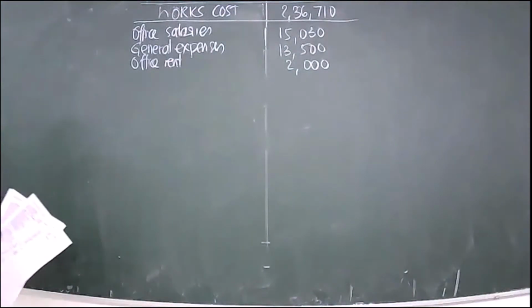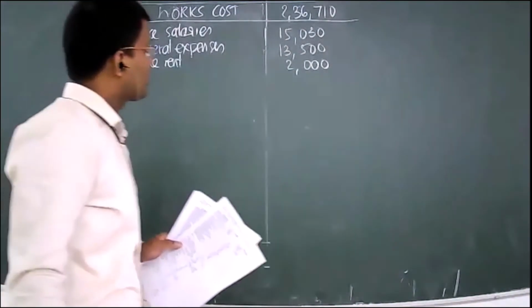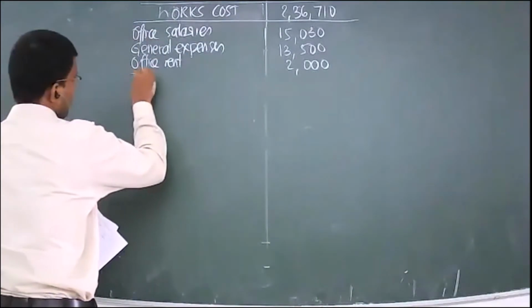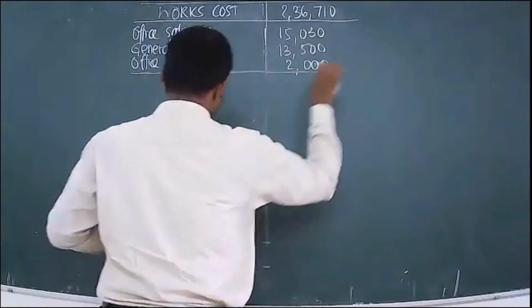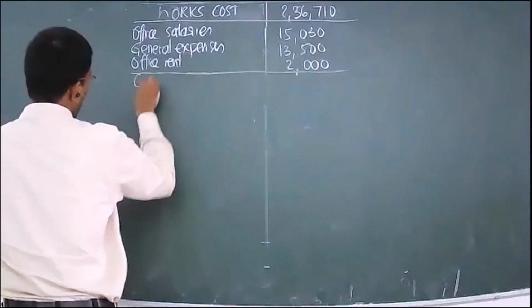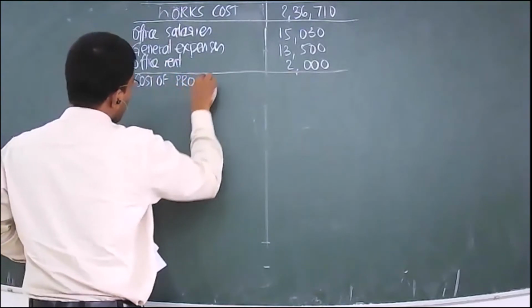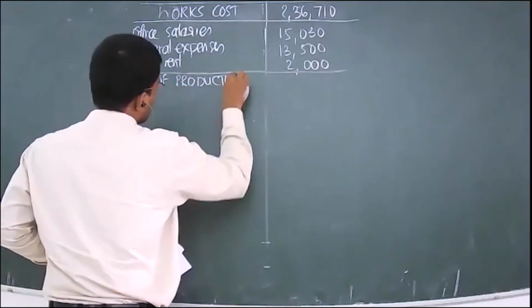Now here, since the level of finished goods has been reported to us, there's one additional step: we will be calculating the cost of production. What is cost of production?